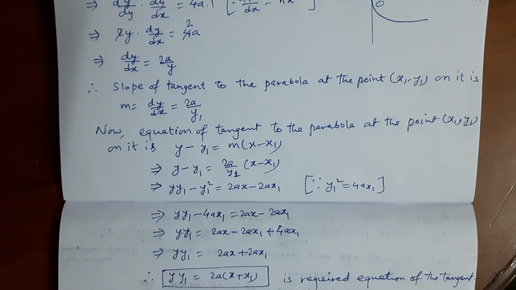And if the point on the parabola is not given, a point outside the parabola is given, or no point is given, then at that time we should use y equals mx plus a over m as the equation of the tangent. Okay, so I hope you understood in which case we have to use this equation of the tangent to the parabola, and in which case you have to use y equals mx plus a over m.